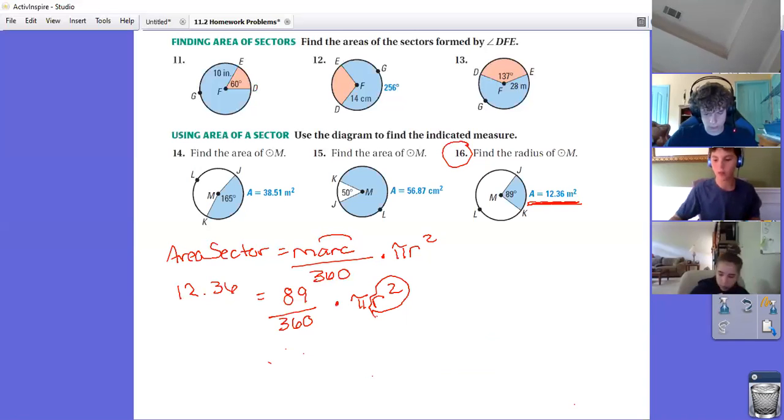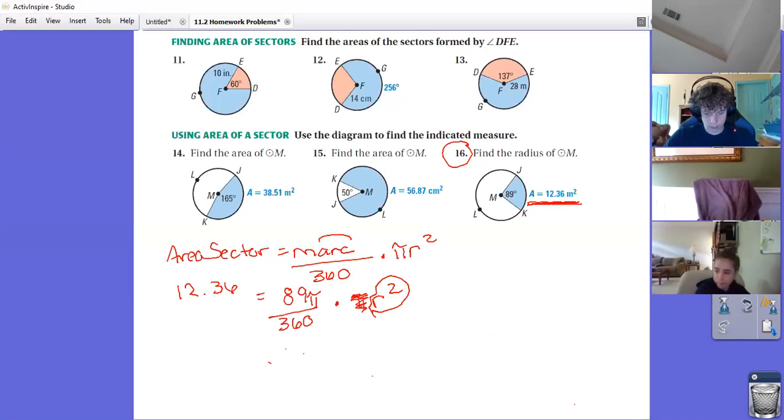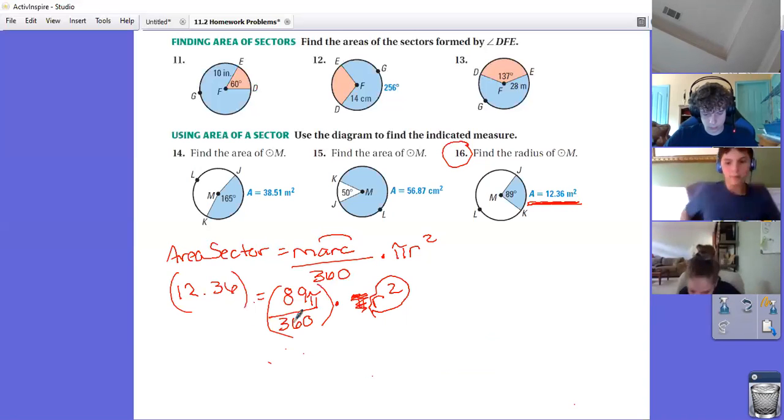I can actually take out the pi and put it next to the 89. So I'm going to multiply both sides by the reciprocal of that fraction, 360 divided by 89 pi.